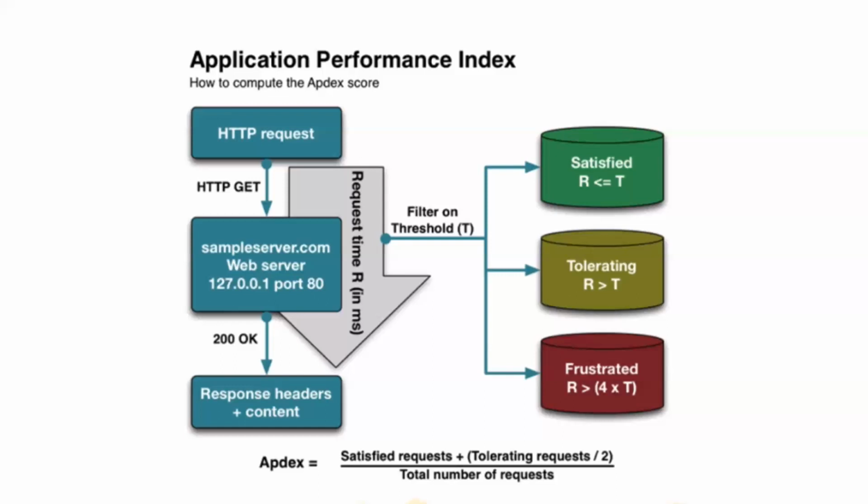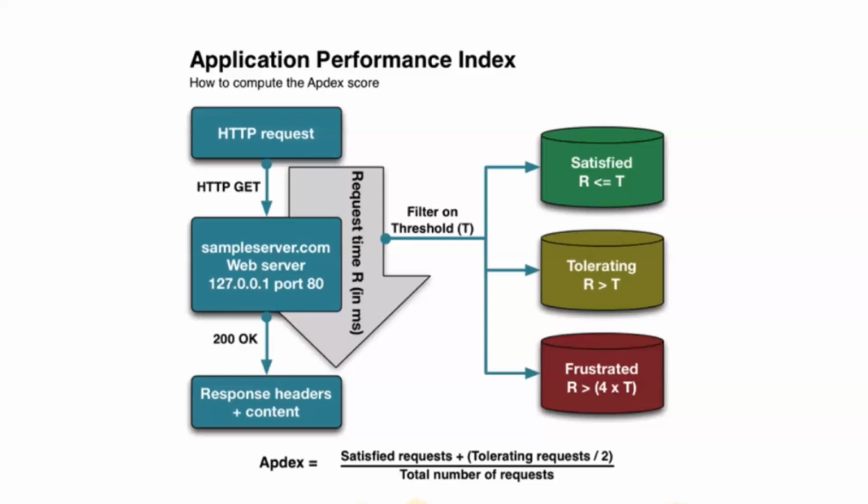And if R is greater than 4x of T, then those people are frustrated with your application. So we got the satisfied people, the tolerating people, and those who are frustrated. Understood? So far, so good.